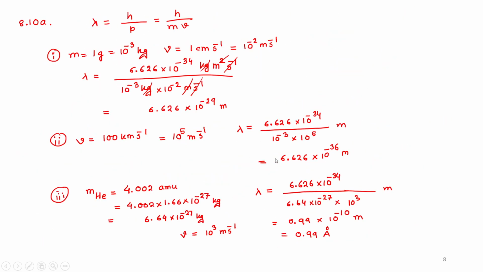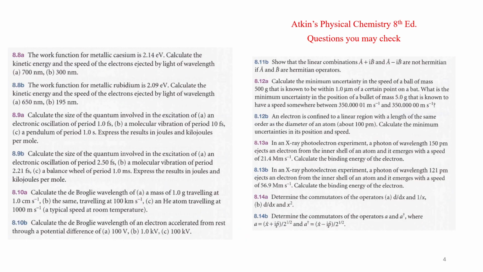Let us do this, 8.13a, where the wavelength is 150 picometer and the speed of the ejected electron is 21.4 megameter per second. We need to calculate the binding energy or the work function.